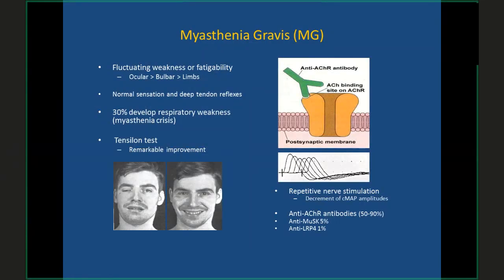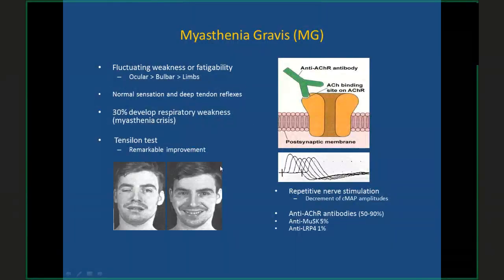Lately I had a couple of patients who had myasthenic crisis after shoulder surgery. Other things like any kind of infection, like pneumonia or UTI, or even stress can trigger myasthenic crisis.